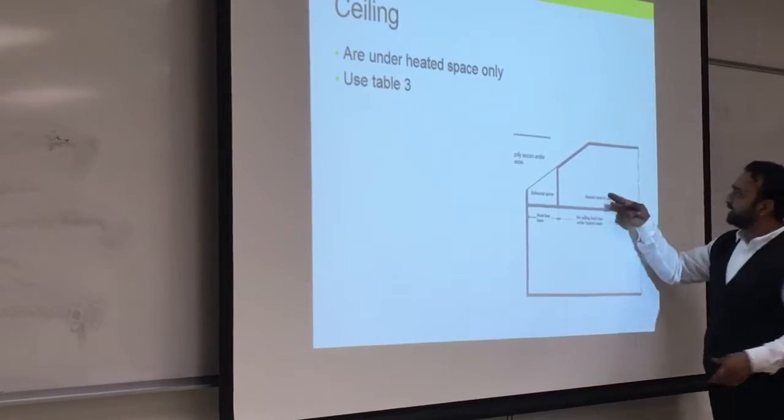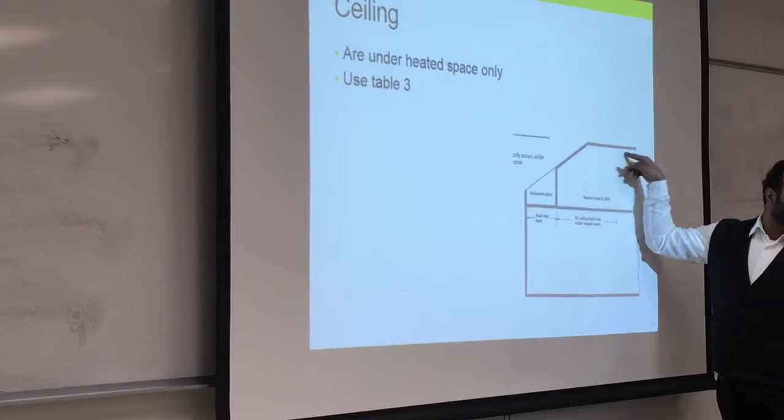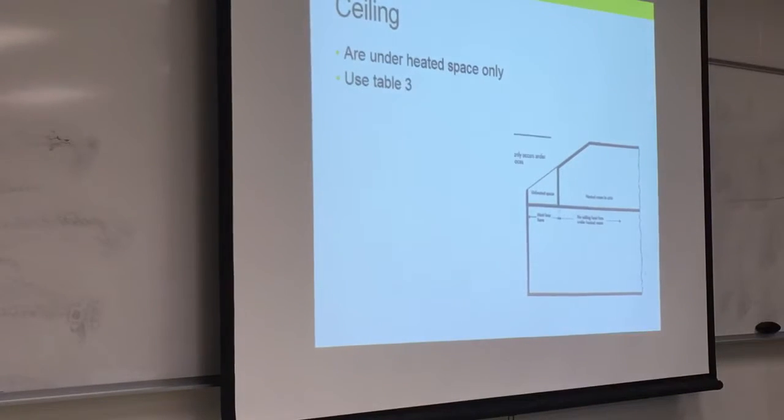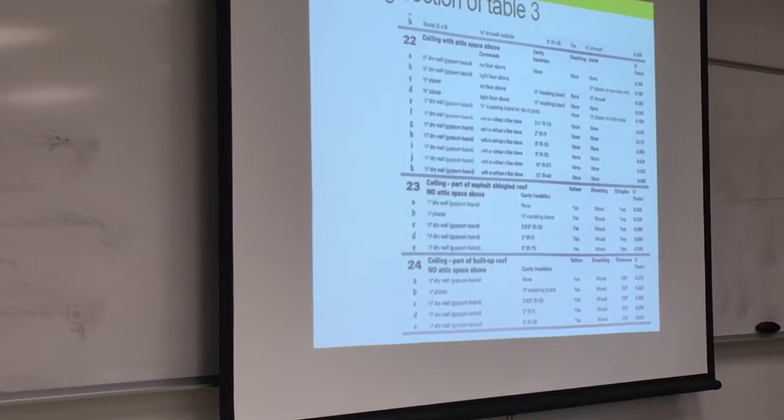But if you have a heated attic, you're going to look at the roof. This is the ceiling table. You pick any ceiling you want, or you think it is, and look it up. We're keeping it as simple as possible this time because I just want to get you introduced to the process. We will do this next semester again.